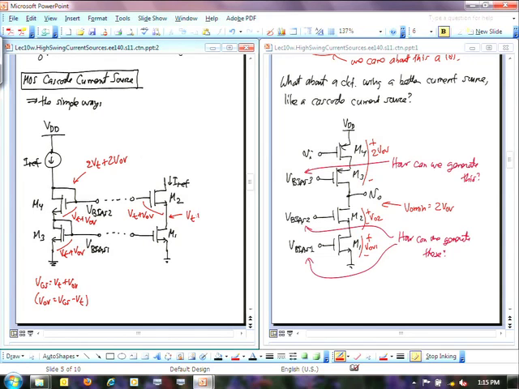It's VT plus V overdrive. I'm just summing different values of all of these things. And so that means I've dropped across this a VT plus V overdrive.